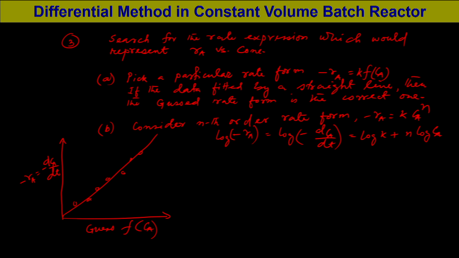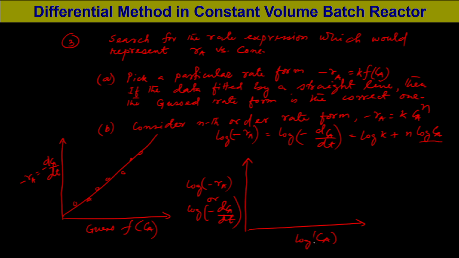So, now if we plot log minus R A or log minus d C A dt versus say log C A, then we can get the data which is fitted with a straight line, but in this case it will not pass through the origin.